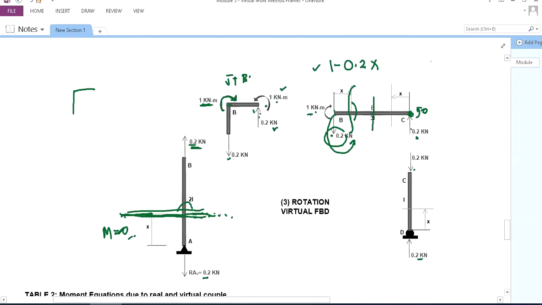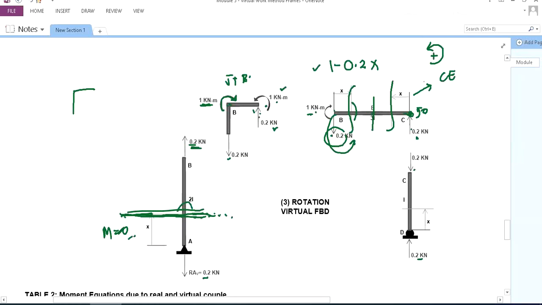So, for CE, when we cut here, what will be our moment equation for CE? Our assumption earlier was counterclockwise is positive.